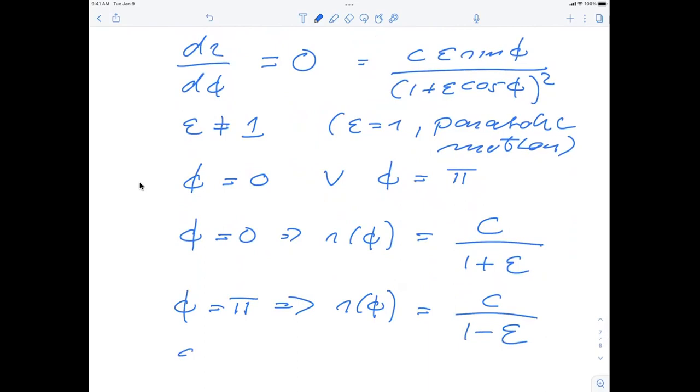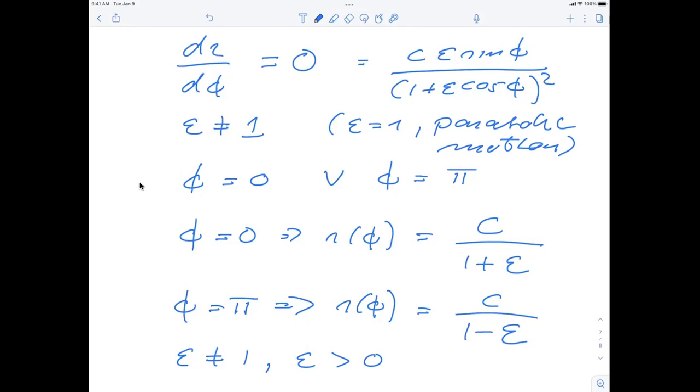So we have assumed that epsilon is different from 1 and that it's also larger than 0, because when it's 0, then we have circular motion. So which leads to maximum and which leads to minimum with a fixed epsilon? If you look at these two solutions, which one corresponds to the minimum radius and which to the maximum? Any good selections here? Yeah, the top one is the minimum. Exactly. So this gives us a minimum radius, and this gives us a maximum radius.